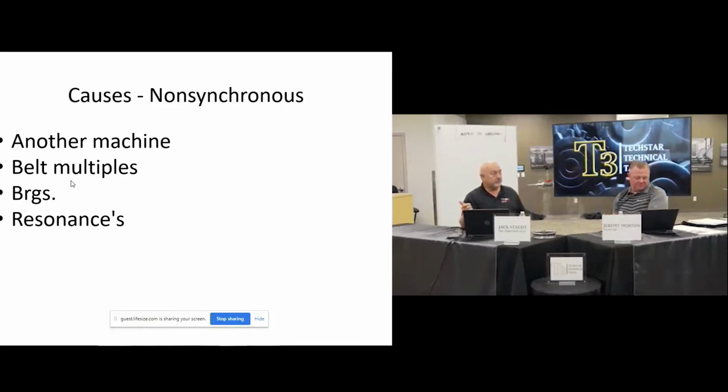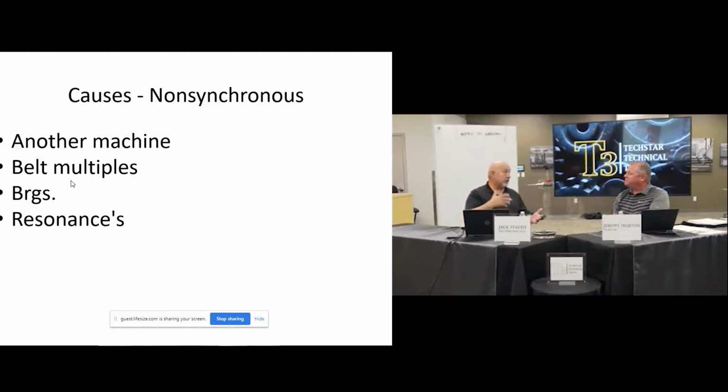Resonance could be any type of natural frequency of a component in the machine. So it's what we call a system vibration. It has something to do with the system. It could be piping, it could be ductwork that's resonating that you're seeing non-synchronous to the machine rotation.